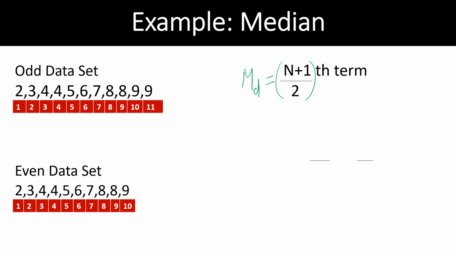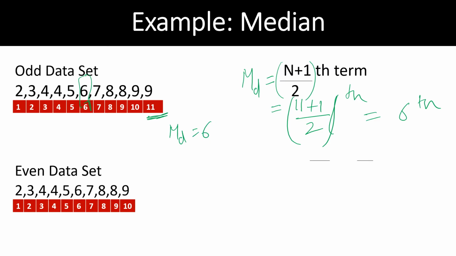Now total number of terms in this data set are 11. That means n is 11 here. 11 plus 1 by 2th term. This is 6th term. That means 6th term is my median. This is my median here. Median is 6 in this case.